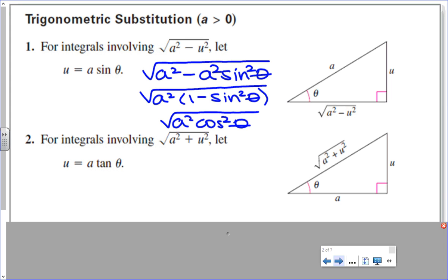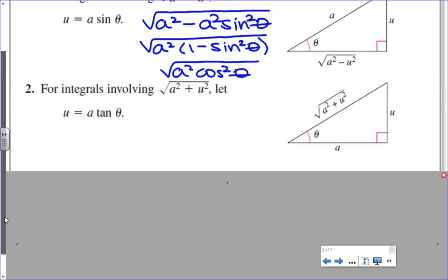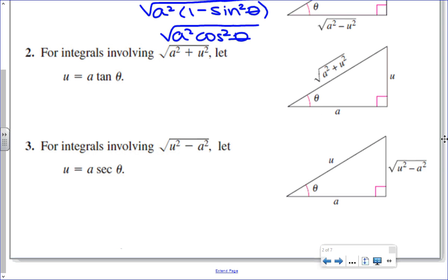You're going to get a squared plus a squared tangent squared, right? So you're going to be able to use that 1 plus tangent squared as secant squared. And last but not least, if you have u squared minus a squared under a radical, you're going to use a secant theta.